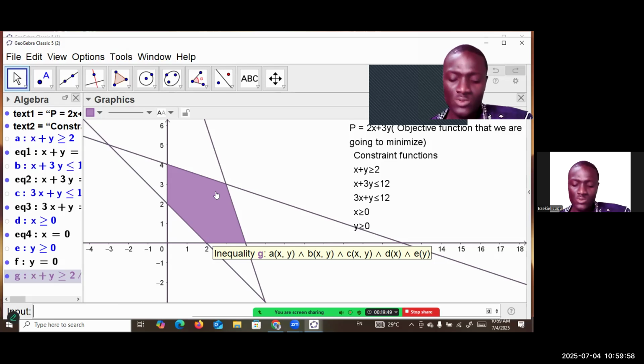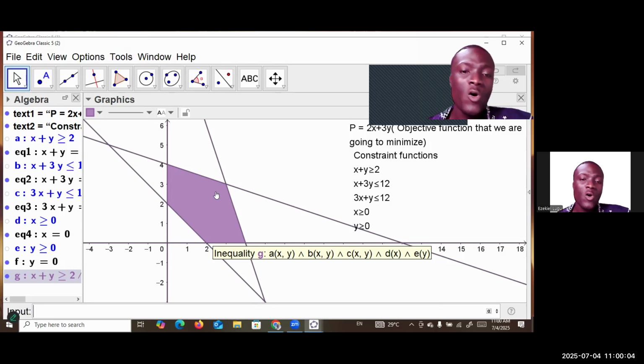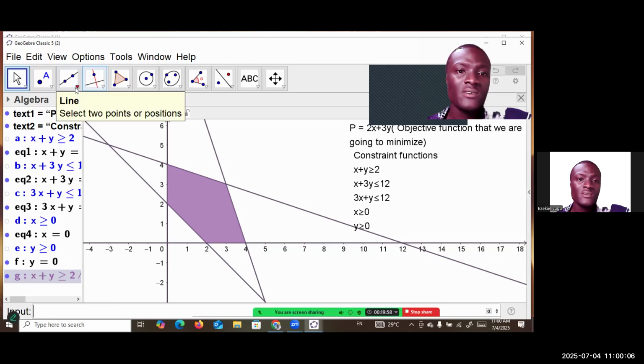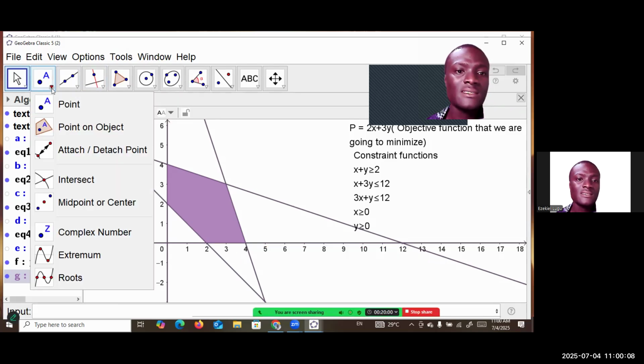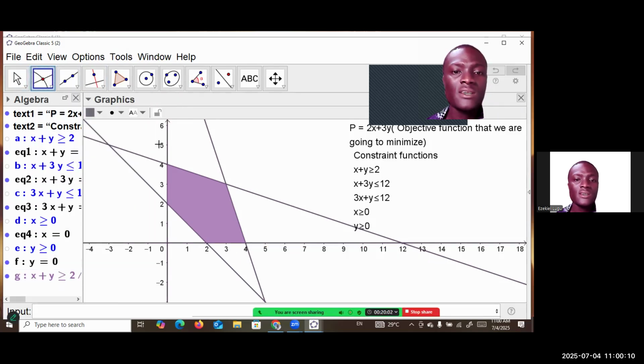The next thing we have to do is find the intersection, right? We're going to find the intersection of all the regions. Just go to intersect here and press on it. So I'm going to find it for all the lines.